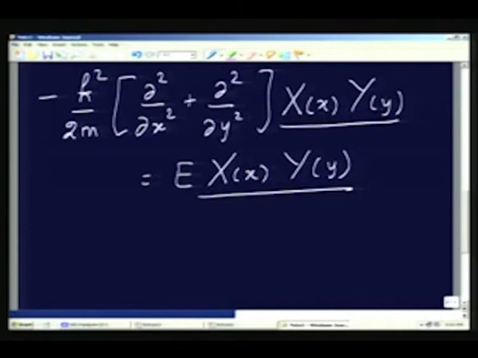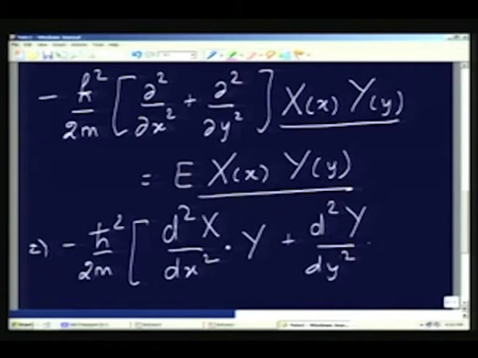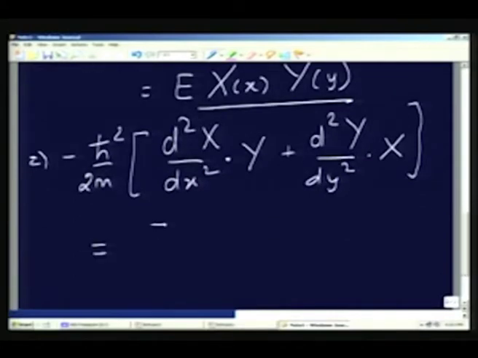Therefore, this equation can be immediately written as minus h bar square by 2m, d square X by dx square times Y, this Y is a multiple, plus d square Y by dy square times X, a multiple, and that is equal to E X of x times Y of y.